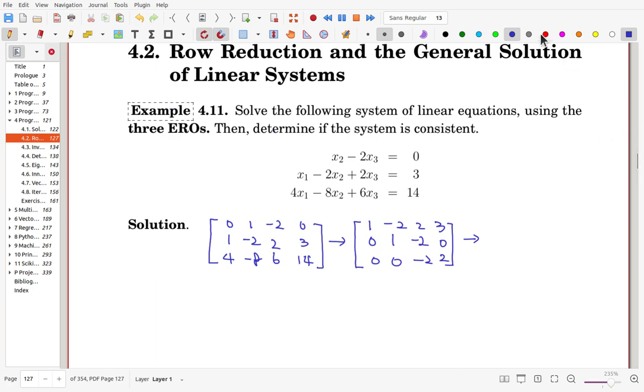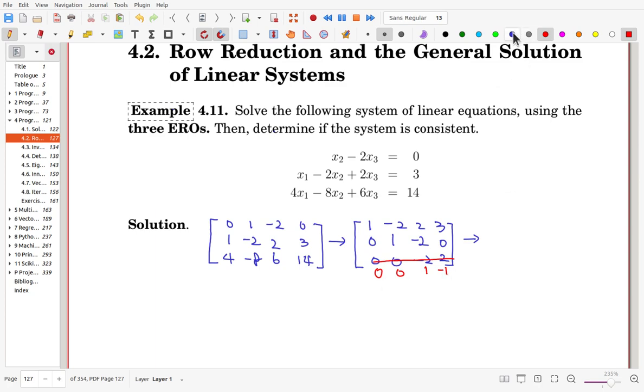We write down here, divide by minus 2, so that it becomes 0, 0, 1, minus 1. So rather than the previous one, we consider this row.